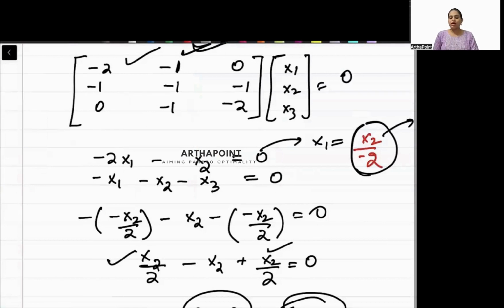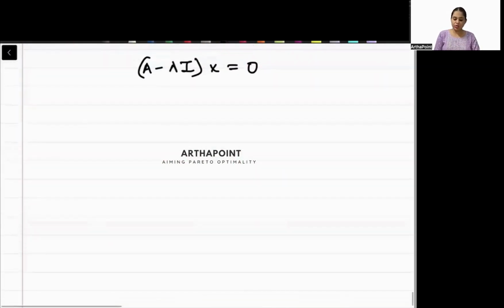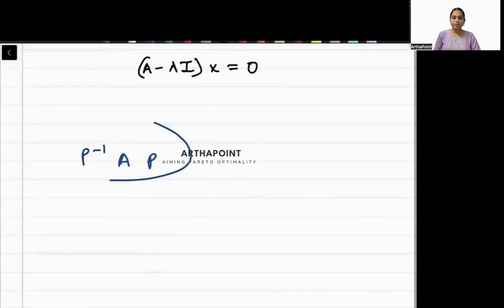Okay. Now, if you need to find out if the matrix is diagonalizable or not, I'm just telling you how to do it. You can find P inverse A P, right?